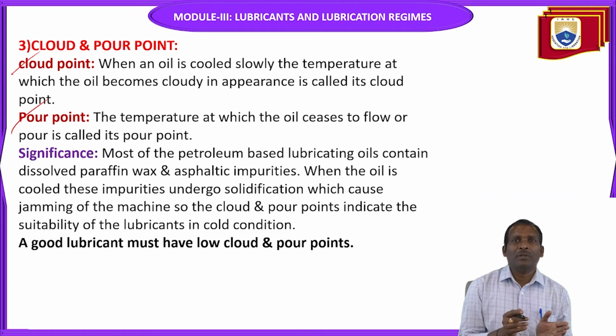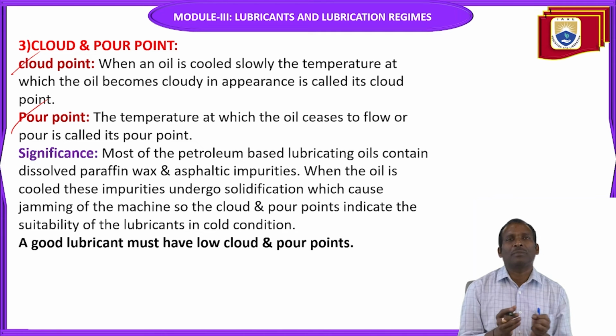Most of the petroleum-based lubricating oils contain dissolved paraffin wax and asphaltic impurities. When the oil is cooled, these impurities undergo solidification, which causes jamming of the machine. So the cloud and pour points indicate the suitability of the lubricants in cold conditions.